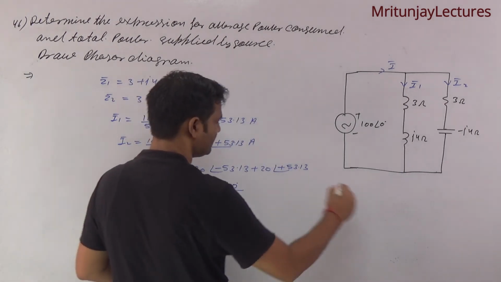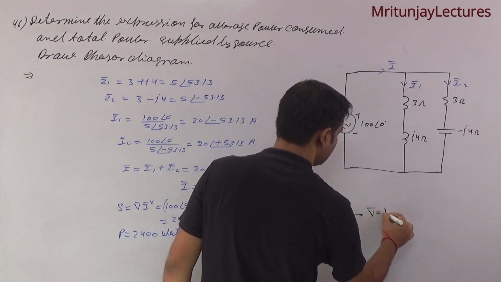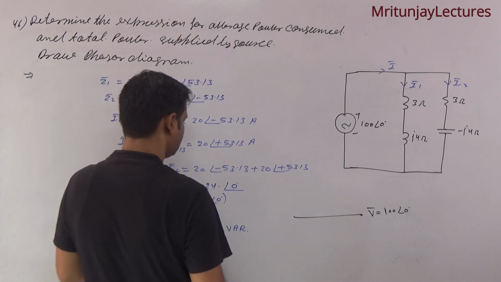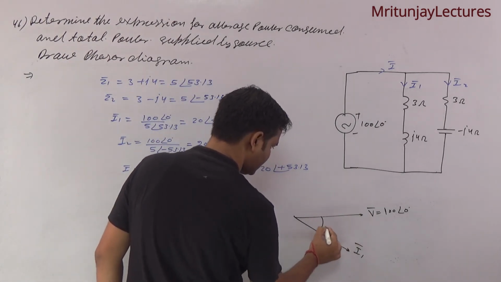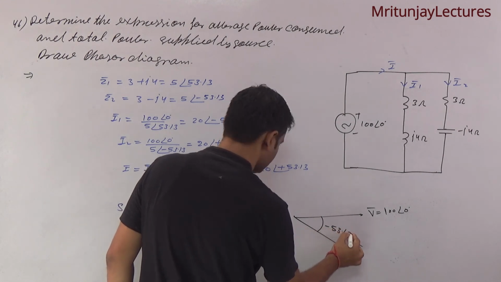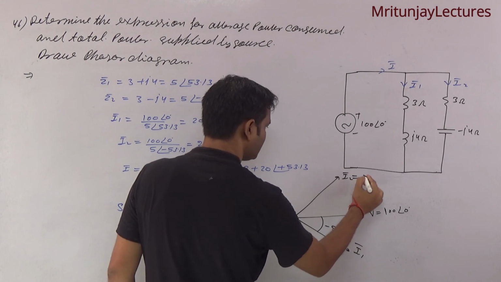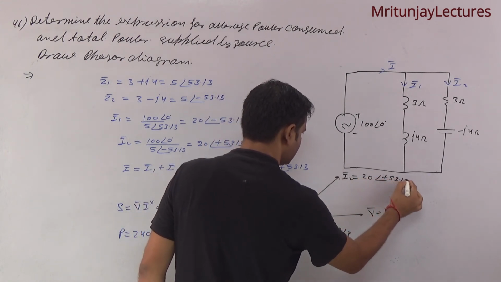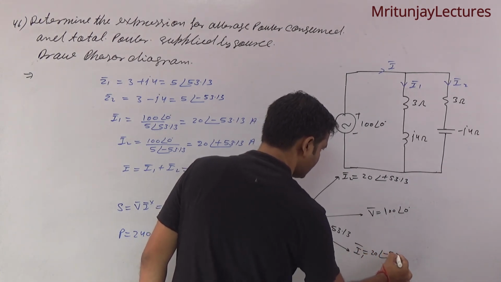Okay, so next target is to draw the phasor diagram, that is V is 100 at the angle 0. What about I1? I1 is 20 at the angle minus 53.13. And what about I2? I2 is equal to 20 at the angle plus 53.13.